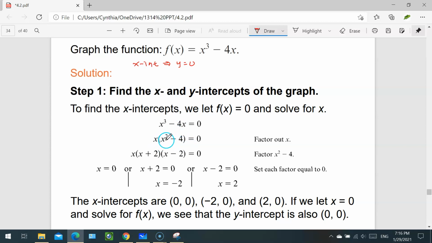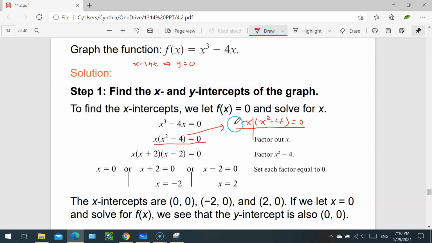Now, here we can continue to split into x plus 2 times x minus 2, or I'm going to do the work here: x times x squared minus 4 equals 0. So from here we can solve for x.